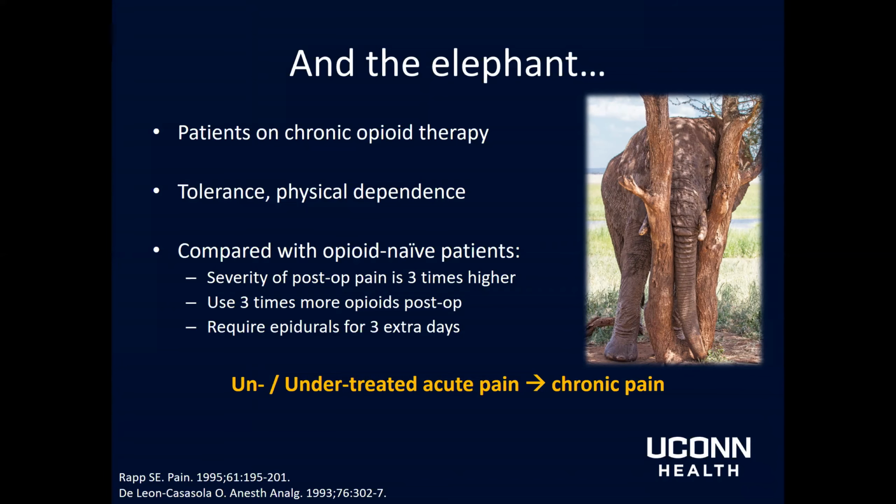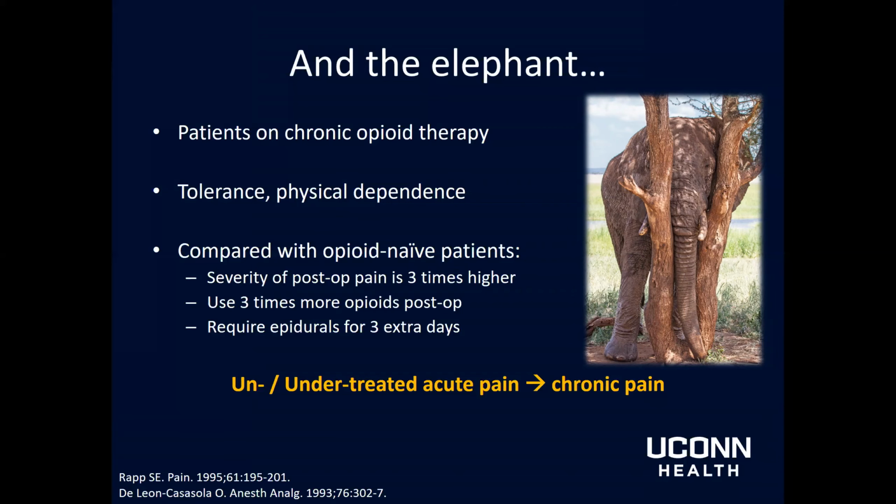And compared with opioid naive patients, they have greater severity of postoperative pain, as much as 3 times higher in the literature. Their use of opioids postoperatively is 3 times more, and they require epidurals for as much as 3 extra days postoperatively.